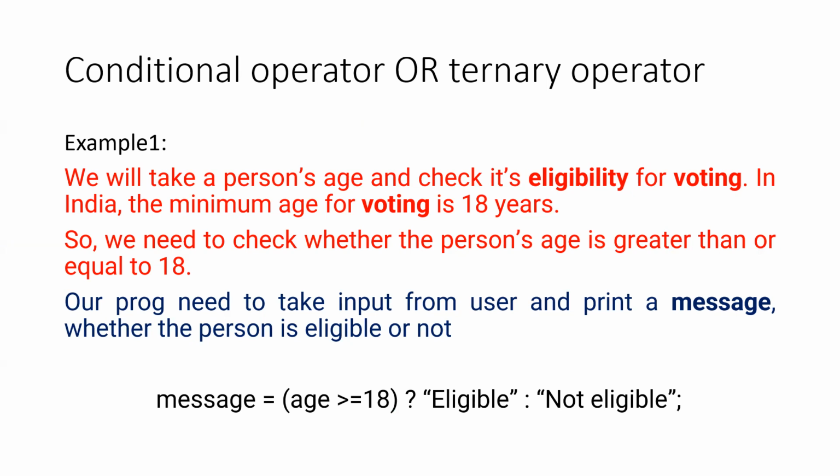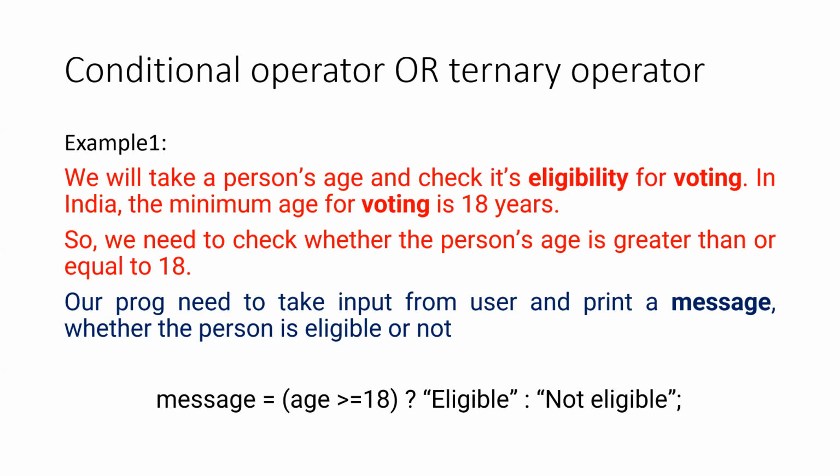Now, where actually we use these operators, let us understand one instance here as an example. We are writing a program where we'll take a person's age and check its eligibility for voting. Now here comes the condition. So we can easily solve this problem by using the conditional operator or ternary operator. In India, we know that the minimum age for voting is 18 years or above.